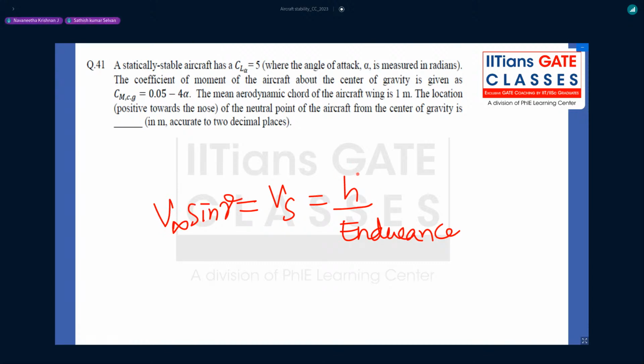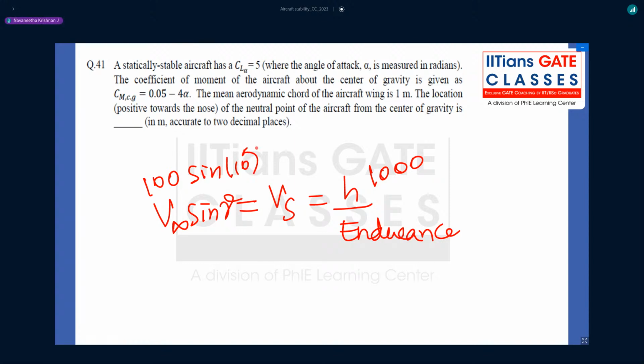I am talking about gliding only. Sinking speed is nothing but v infinity sine gamma, which is nothing but h by endurance. From an altitude h, you started gliding. Let us assume this is 1000 meter, velocity 100 meter per second, and gamma is 10 degree.